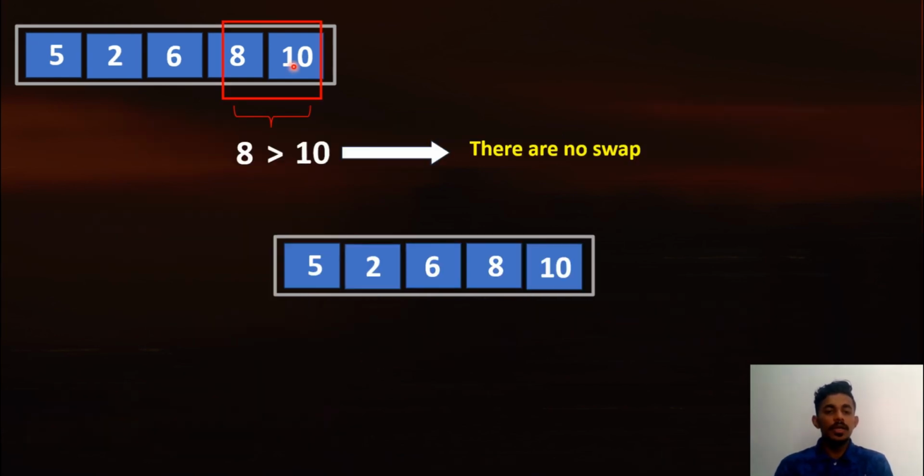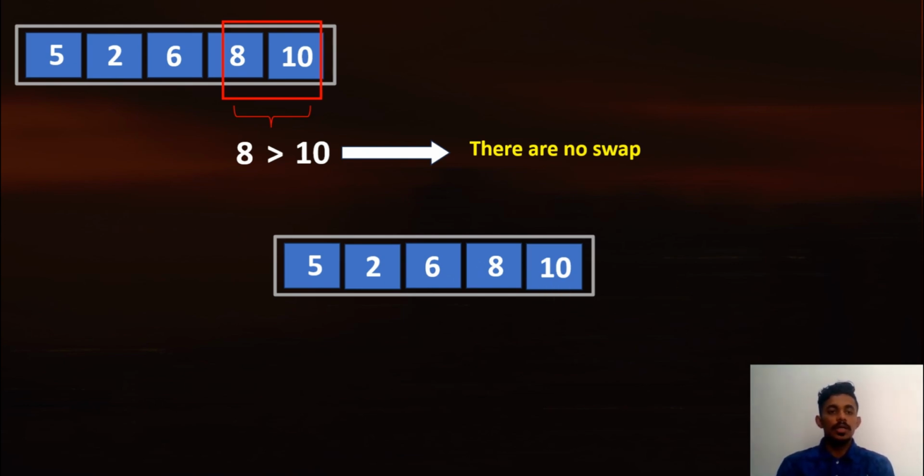And finally in the first pass we take the fourth and fifth elements. It's the same: 8 is less than 10, so there is no swap because the condition is false. So in the first pass, the final array is 5, 2, 6, 8, and 10.